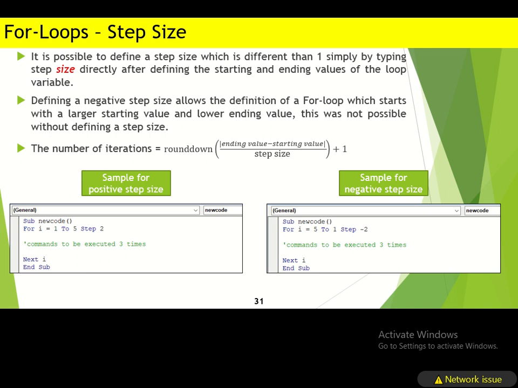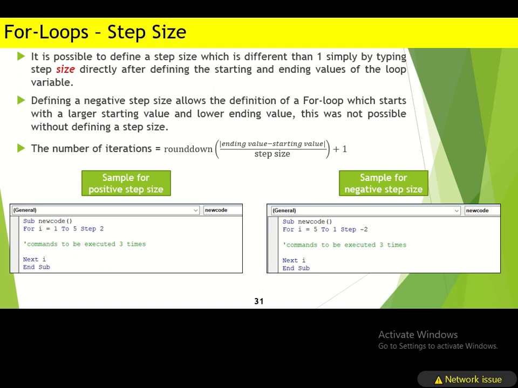Whenever you use a for loop, the increment in the value of I is always plus 1 by default. So after 1 it will become 2, after 2 it will become 3. It always goes forward with an increment of 1 by default. But let's say you want to change it.